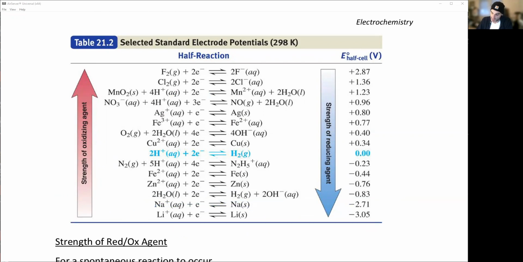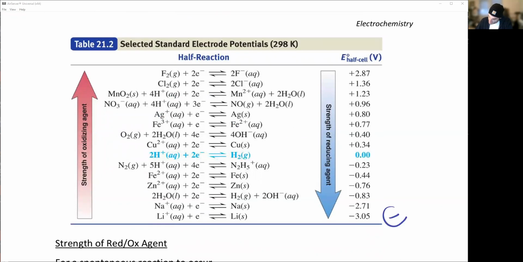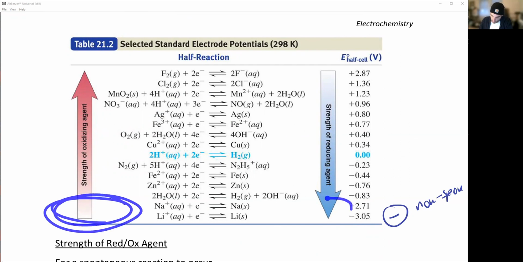It hates doing this. So down here, if we have a negative charge, this is considered non-spontaneous. It really doesn't want to do that at all, right? So lithium is a terrible oxidizing agent because it doesn't want to oxidize, it wants to reduce, but it's an amazing reducing agent because it's happy to oxidize.